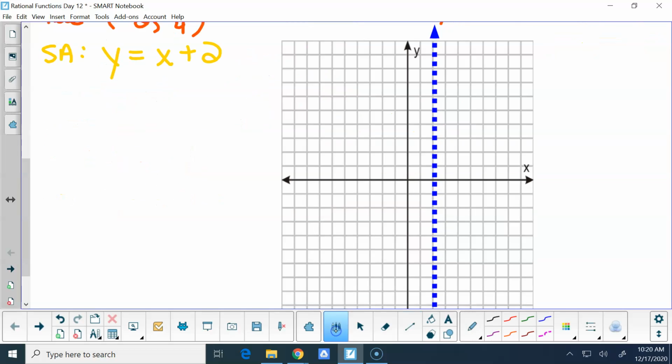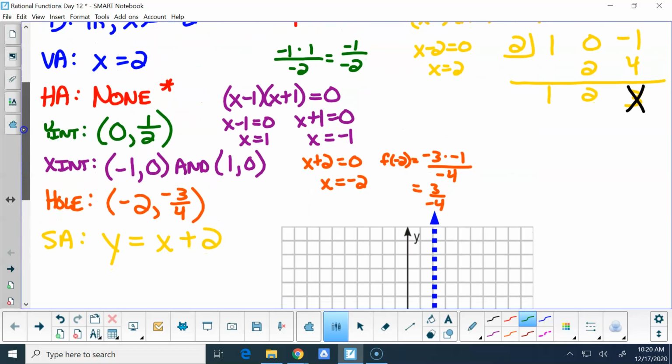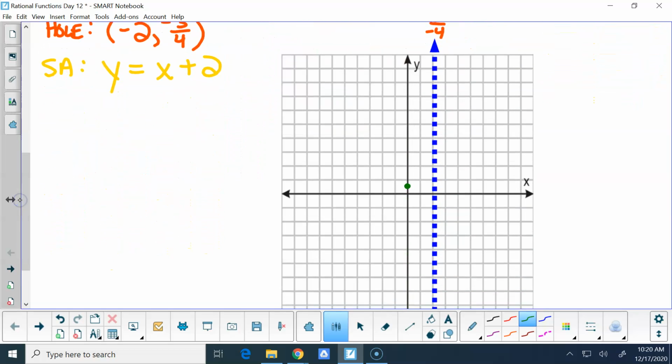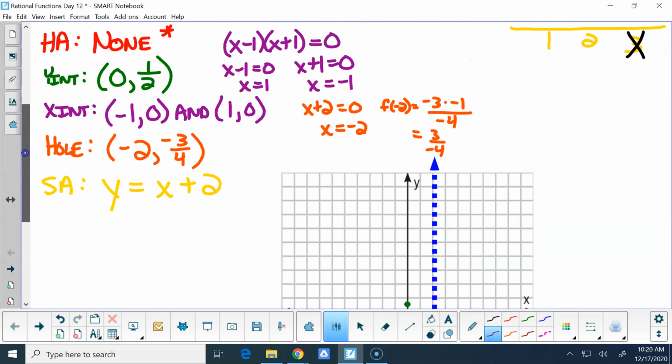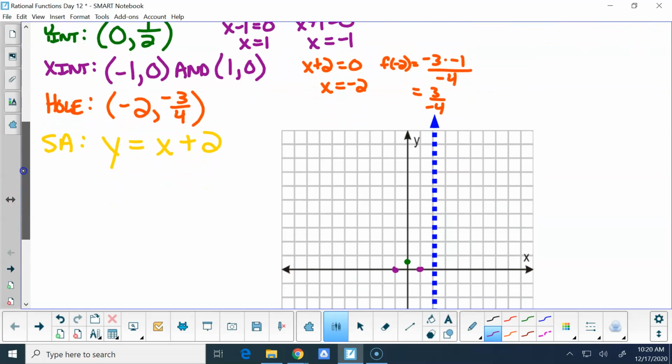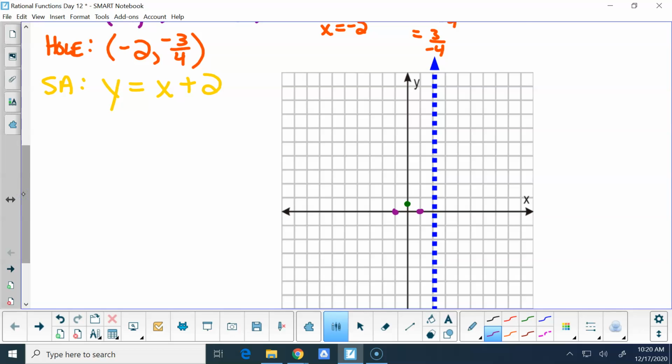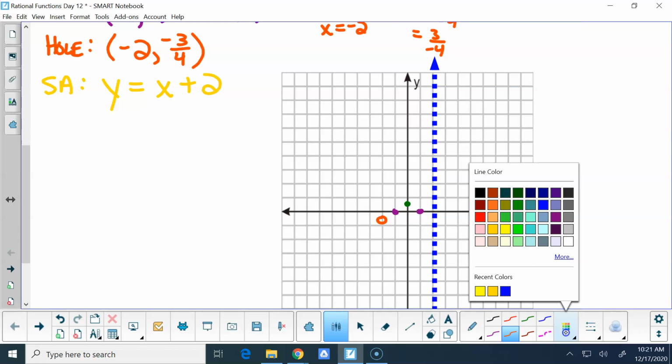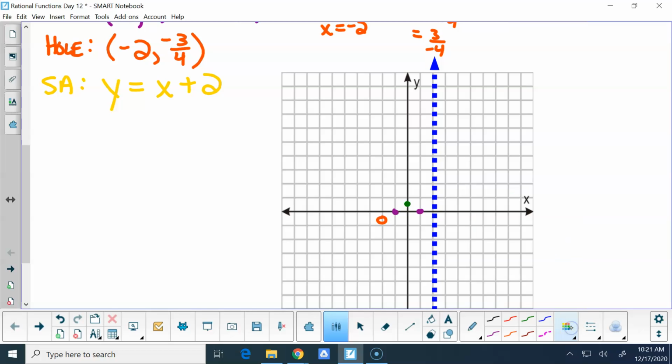So 0, 1/2. We had x-intercepts of positive 1 and negative 1. We had a hole at negative 2, comma, negative 3/4. We had a slant asymptote, y equals x plus 2.